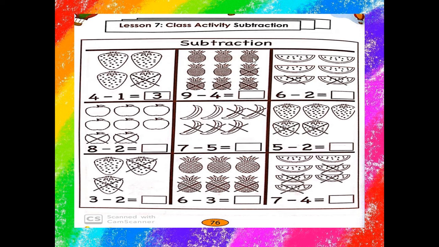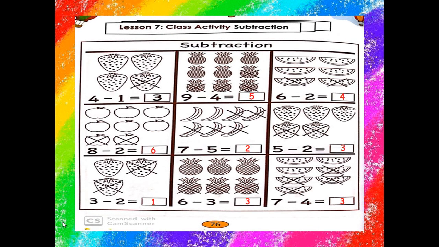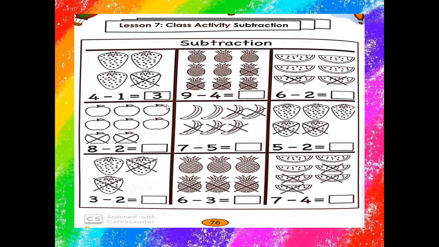Now, in the second box here, we have 9 minus 4 equals blank. Okay, so first we have number 9. It means we have 9 pineapples. Again, 1, 2, 3, 4, 5, 6, 7, 8, 9.